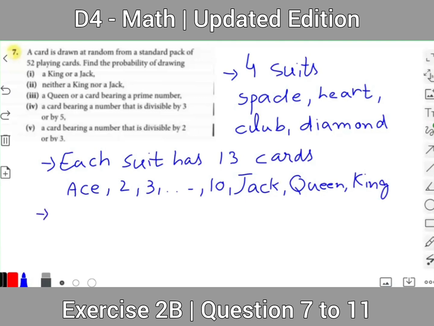Now, all the clubs and spades are black. Diamonds and hearts are red.